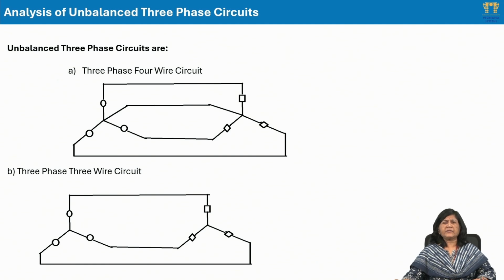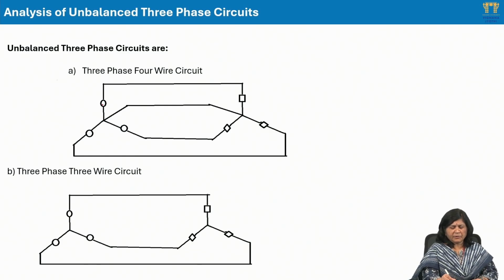One is the three-phase four-wire circuit, where we don't have much problem. Suppose this is my voltage VR, if I take this as R phase, this as Y phase, and this as B phase, and this is my load ZR, this is my load ZY, and this is my load ZB.